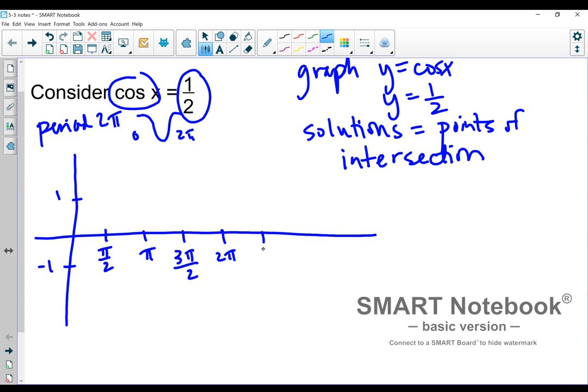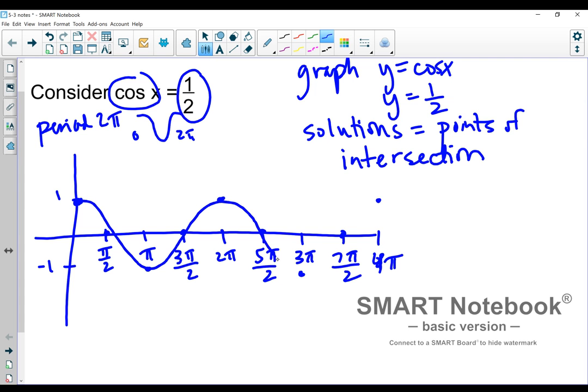I think 2 periods on here is enough to see what we're doing. Up, middle, down, middle, up. So here's my cosine graph, cosine x. Now if I graph y equals 1/2, that's going to be a horizontal line.